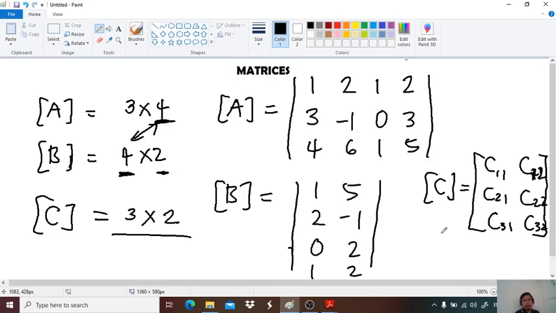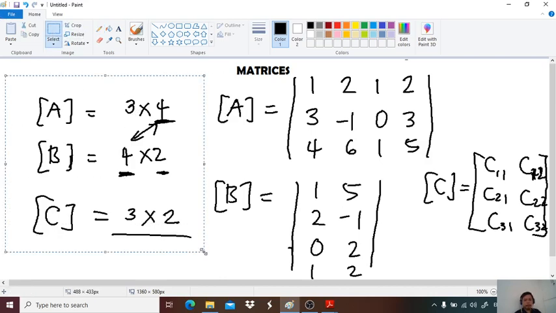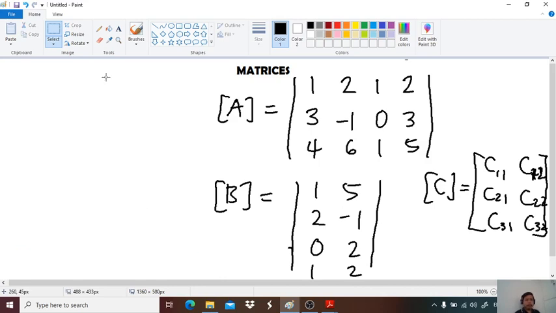So that is a 3 by 2. So let's try to solve that A and B. So we are going to get the values of your C11, C21, C31, C12, C22, and C32.